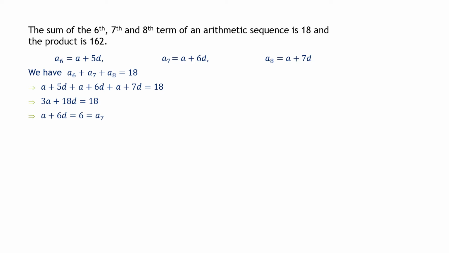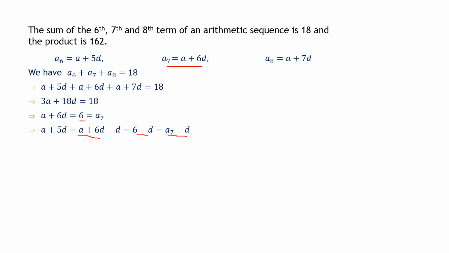But if you look at the term, a plus 6d is nothing but the seventh term. So the middle term, a plus 6d, is the seventh term. Now if you look at the sixth term a plus 5d, you can write a plus 5d as a plus 6d minus d. But a plus 6d is what? We have got the value, a plus 6d is 6. So we can write this as 6 minus d. That is the seventh term minus d.